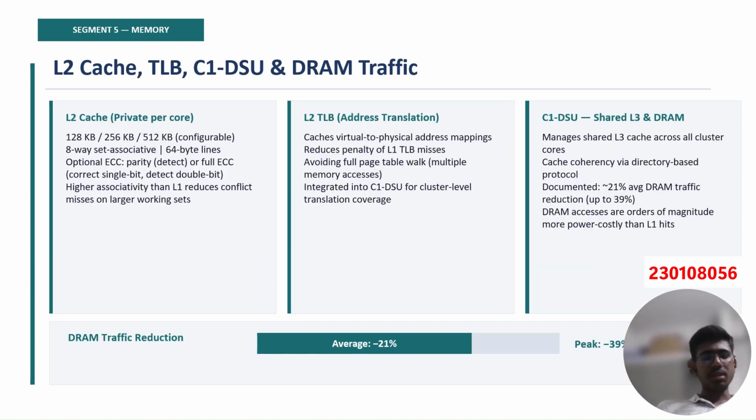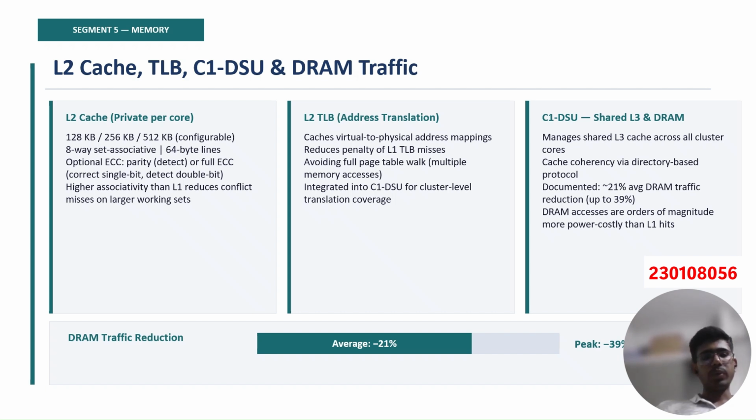Now we will discuss the L2 cache, TLB, C1 DSU and DRAM traffic. First, coming to the L2 cache. The size of the L2 cache is 128, 256 or 512 KB, and it is configurable. It is 8-way set associative, and the line size is 64 bytes. It has higher associativity than L1 and reduces conflict misses on larger working sets.